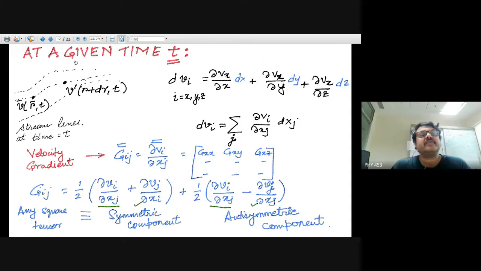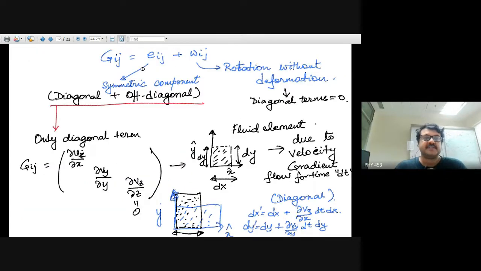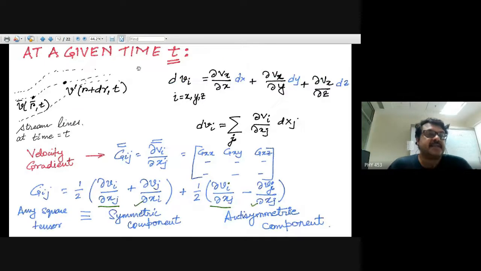So basically, suppose at a given time t, you have a velocity field. So you're looking at the entire velocity field at a fixed time, and the velocity v at r is suppose here, and you have a different velocity vector, v dash, at r plus dr, right? And suppose this would be the fluid element.